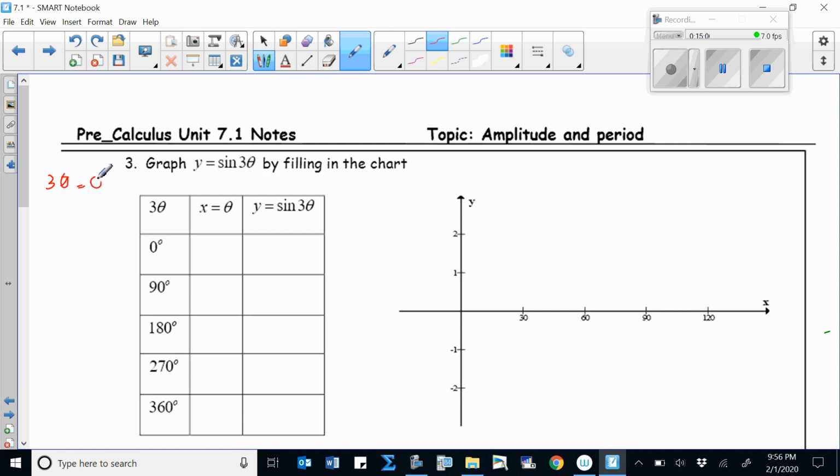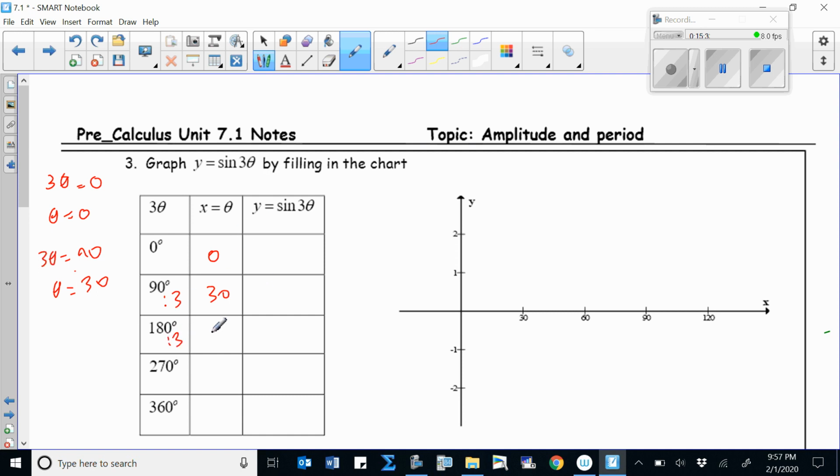if 3 theta is equal to 0, then theta will be 0 divided by 3, which is 0. So theta will be 0. If 3 theta is equal to 90, theta will be 90 divided by 3, which is 30. So basically we need to divide each of these by 3 to get the theta.